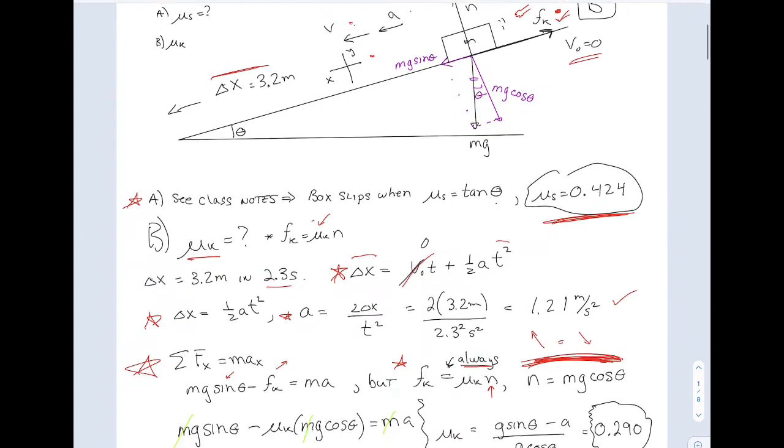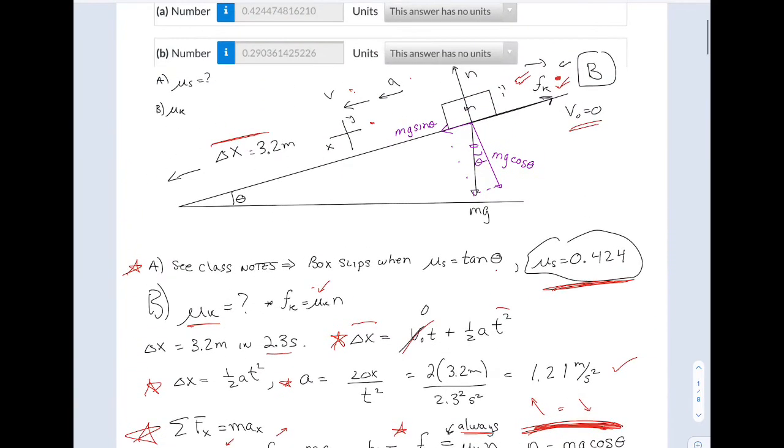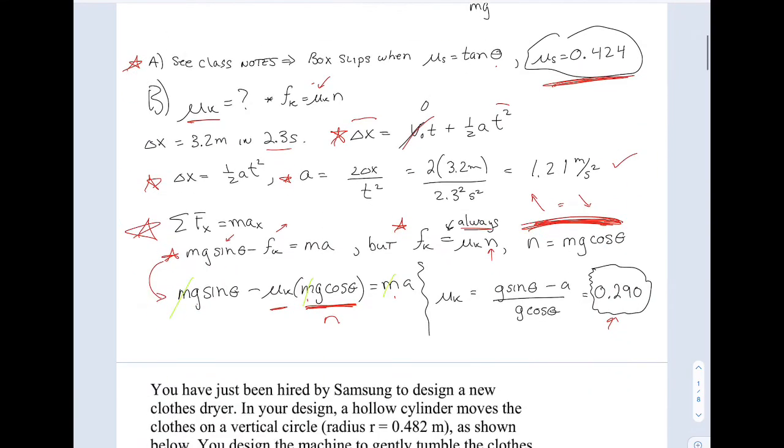So right here where I have n, I'm putting in mg cosine. So I have this, which I rewrote here, mg sine minus f sub k, which is mu sub k times n. Then I got rid of the m's, and then I could solve that for mu sub k.